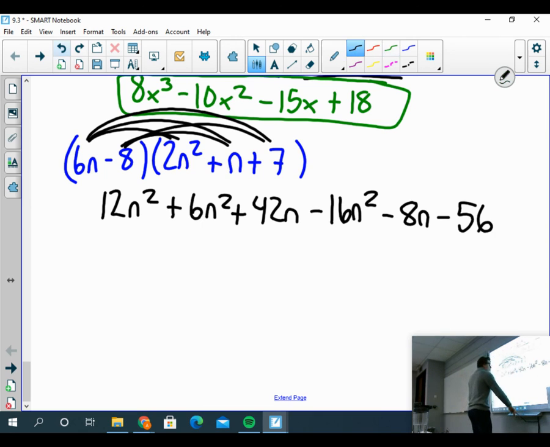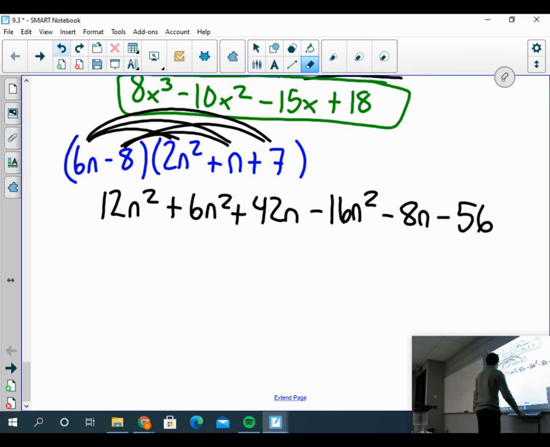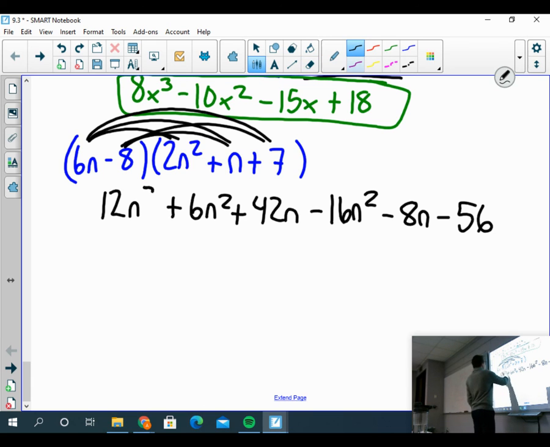Combine my like terms. I have, oh, I made a mistake. This should be 12n cubed, because the 6n times the 2n squared makes 12n cubed, which I don't believe has any other like terms.